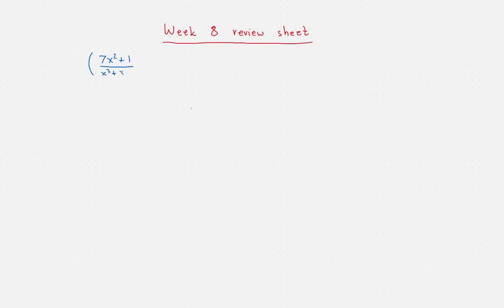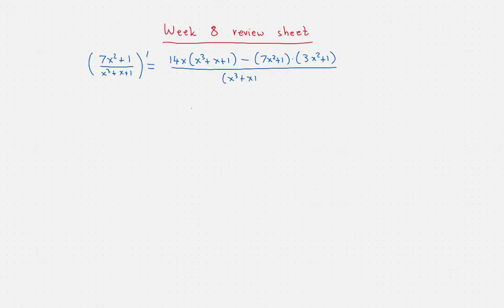And of course, this is going to be the derivative of the top, which is 14x, times the bottom, which is x cubed plus x plus 1, minus the top times the derivative of the bottom, all squared. Because after all, remember that the derivative of f over g is f prime times g minus f g prime over g squared. Okay?